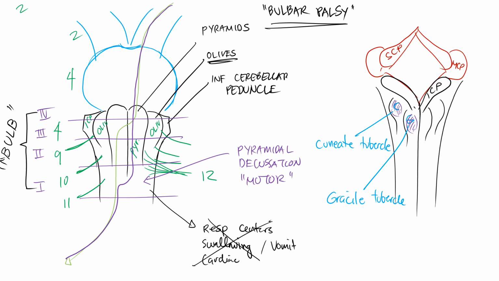Second level. This is the level where you have the lemniscal decussation.